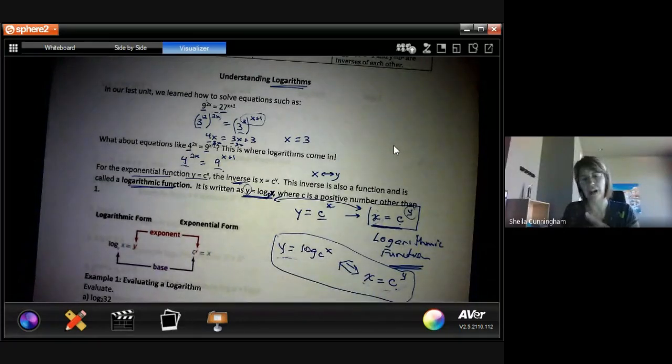We should be able to take an exponential equation and convert it to a logarithmic equation, and be comfortable transferring back and forth, because there are times when it's easier to use an exponential equation, and other times when it's really important that we use the logarithmic equation. So we have to become very comfortable with converting between both logarithmic and exponential forms.